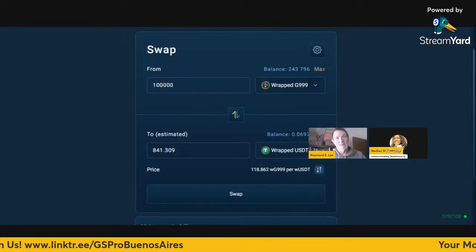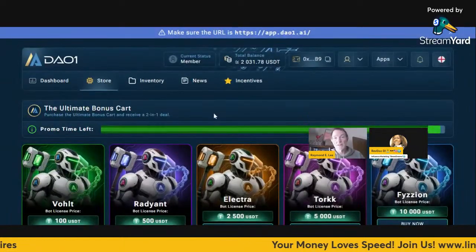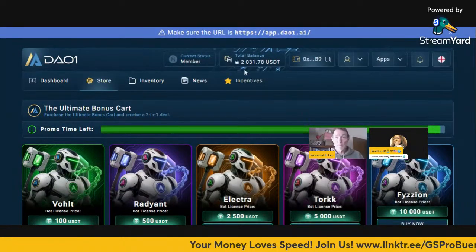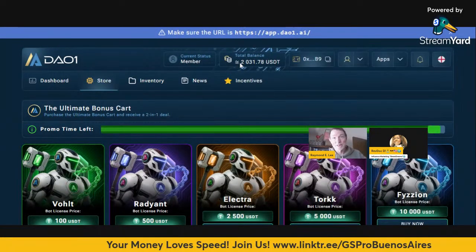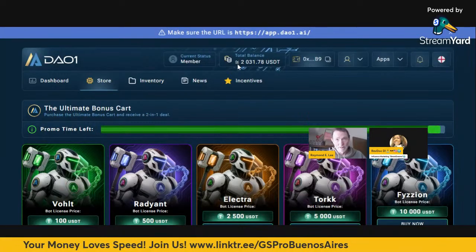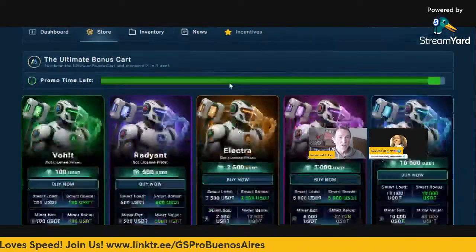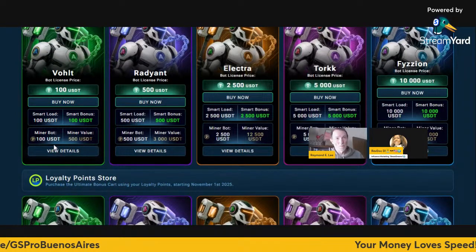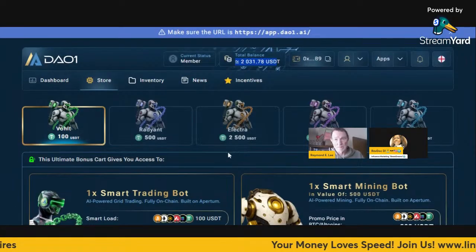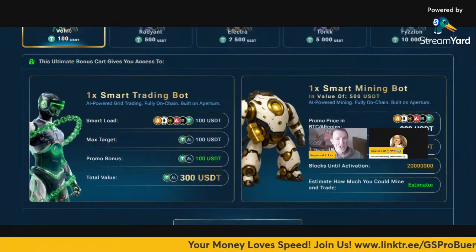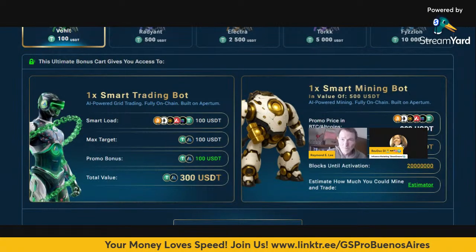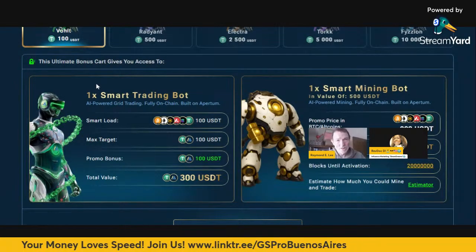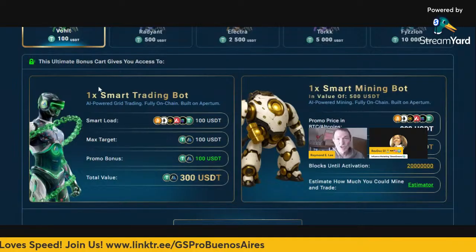So anyway, what I was thinking is, if I have this 2,000 USDT value here, I would turn around and get one of these packages, which is either the chain trading bot, so purchase access to the chain trading bot and the mining bot.